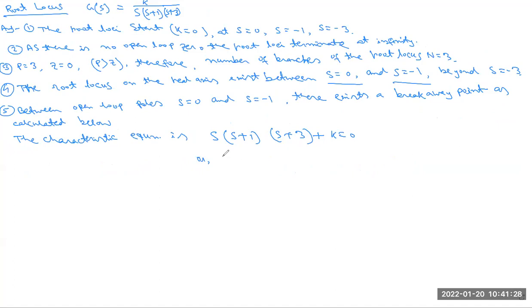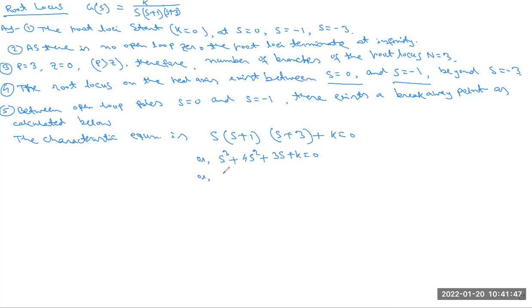So for this equation, you have to multiply this one with this one, and again this result with this one. The final result is s cubed plus 4s squared plus 3s plus k equals 0.